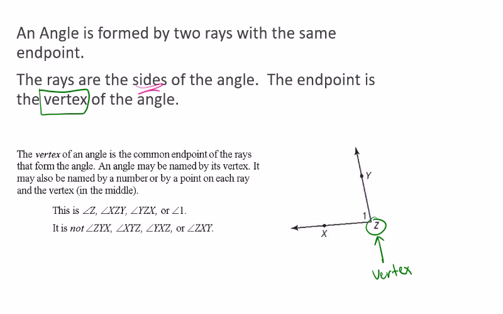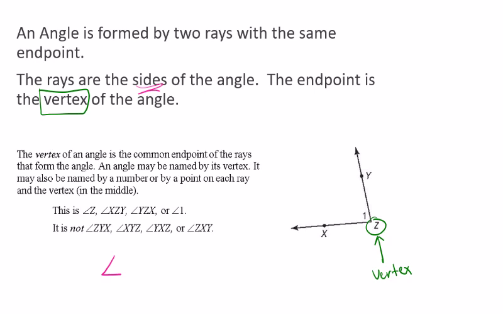With the way we name an angle, there are actually a few different ways. One is you can name it by the vertex. You can just say angle Z. And by the way, this is the angle symbol here, or you can write the word angle if you'd like.